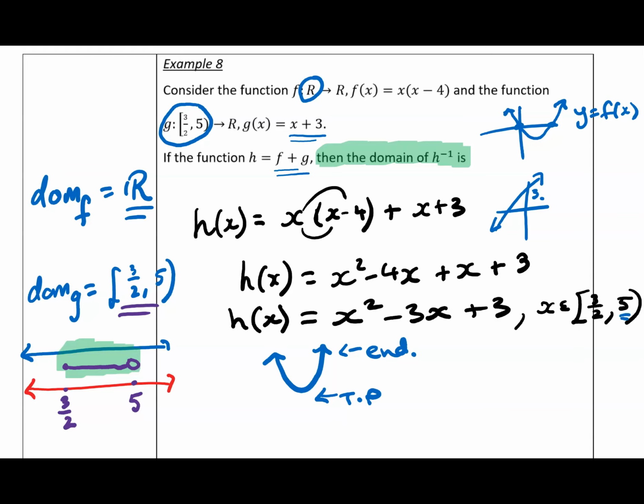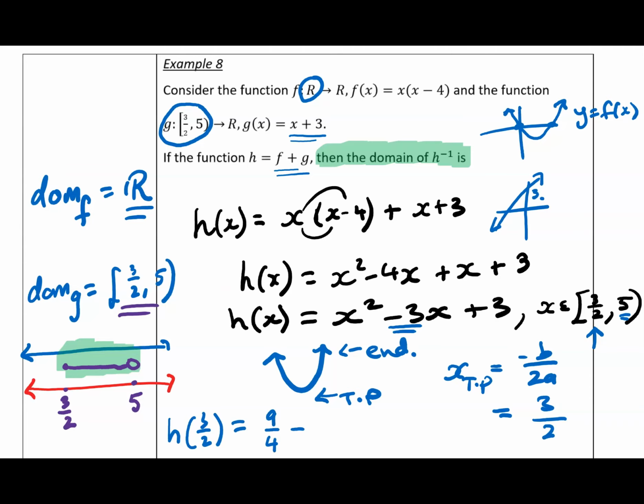So how do I find the turning point of h? Well, remember that the axis of symmetry is negative b on 2a, which is negative negative 3, so positive 3, on 2a, on 2. Well, that happens to be our endpoint. That's a really, really handy thing to have, because h of 3/2 is equal to 9/4 minus 9/2 plus 3, which I might write as 12/4.